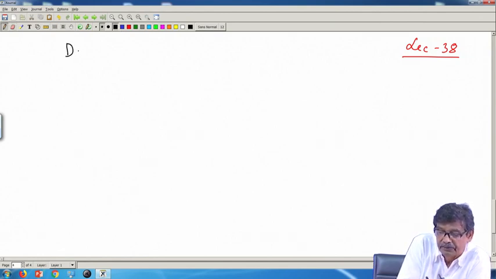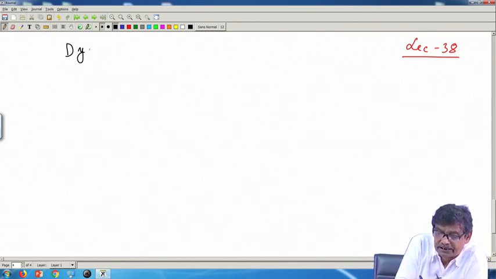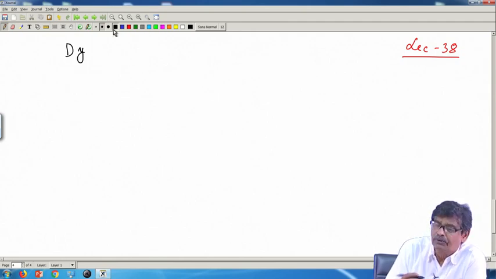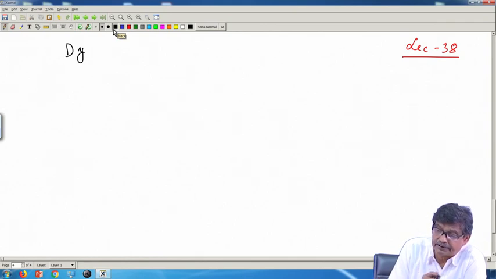I would like to connect D Y. I am not mentioning the vector group yet. I know there are two correct ways of connecting delta. So, primary I have to connect delta, secondary star, and two ways of connecting star.